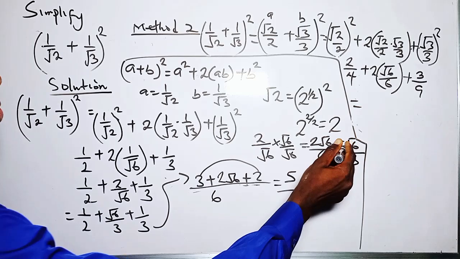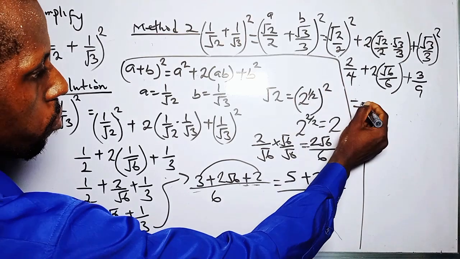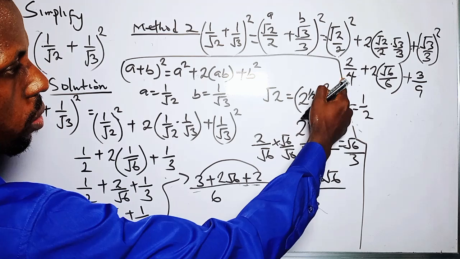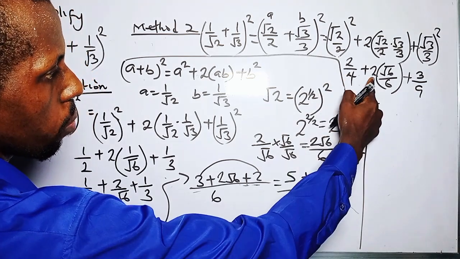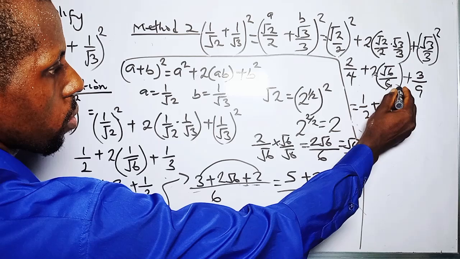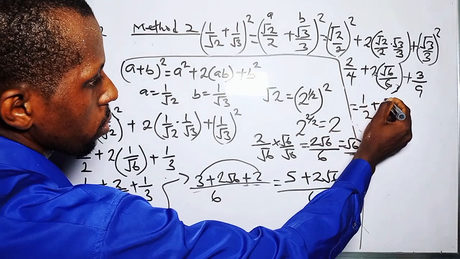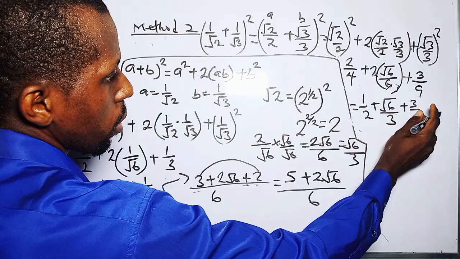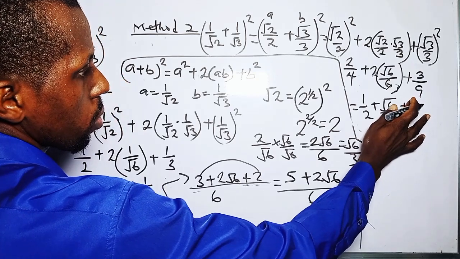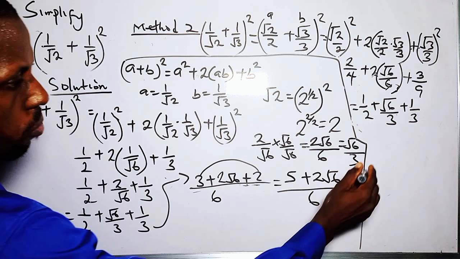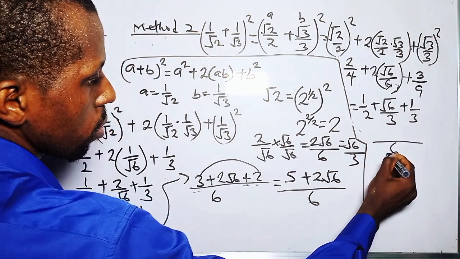From here, we can simplify 2 over 4 as 1 over 2 when you reduce it further, plus we multiply 2 with this, so it simplifies: the 2 cancels, and 6 becomes 3, so we have root 6 over 3, plus 3 over 9, which we can reduce as 1 over 3. So when we look for the LCM, that is 6.